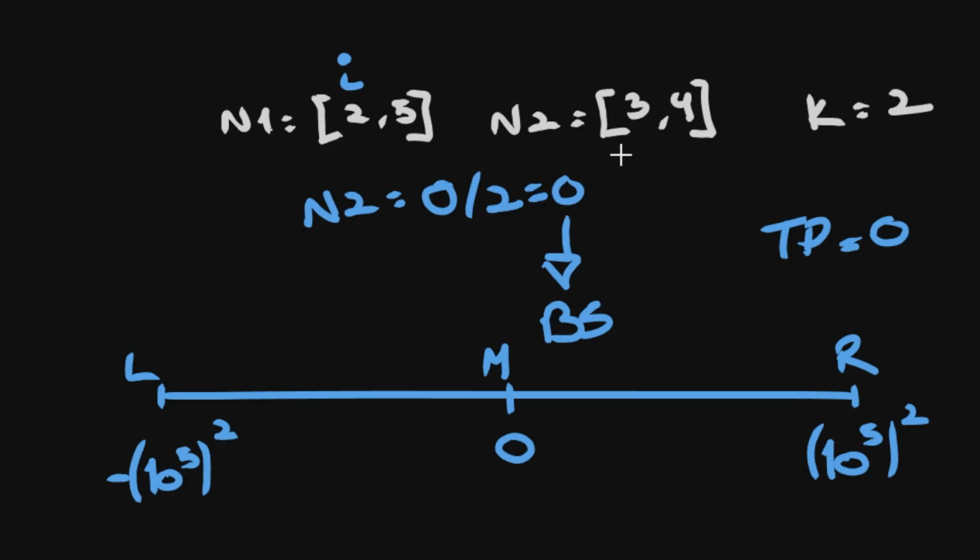Left pointer is here at index 0, right pointer is here at index 1, and the mid pointer is here at index 0 also. 3 is greater than 0, so we need to move the mid pointer to the left. And to do this in binary search, we move the right pointer to mid minus 1. And now right is smaller than left, so we end the binary search here. We return this left, which is 0.